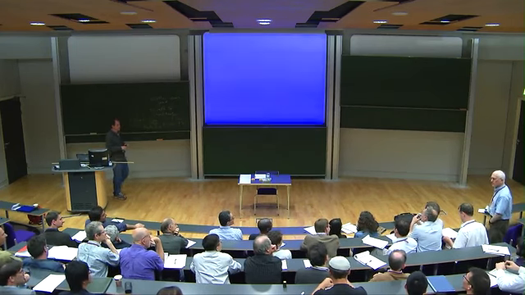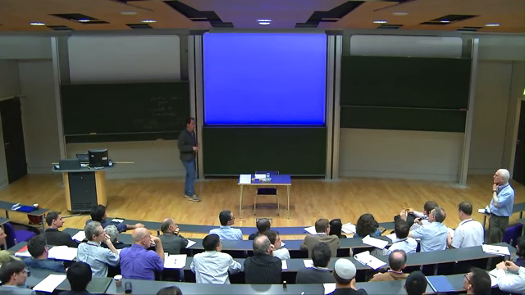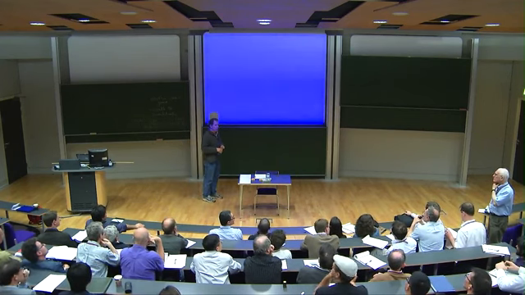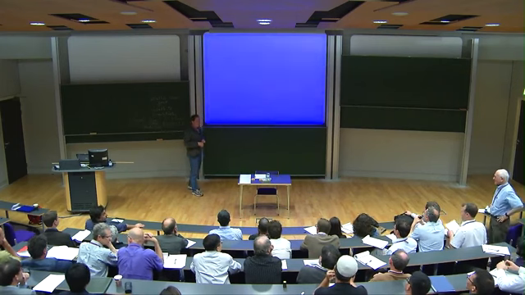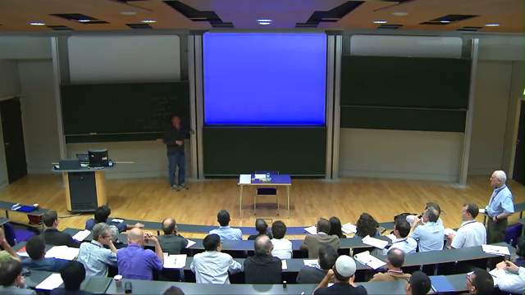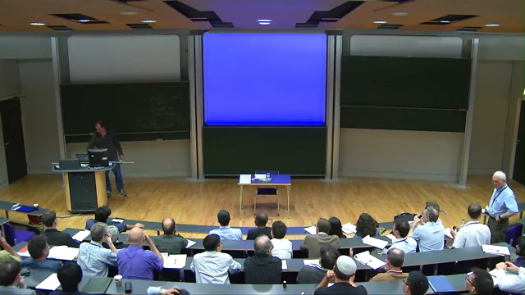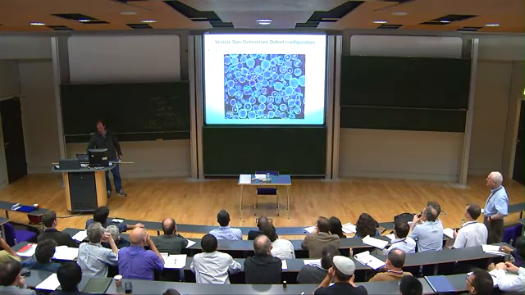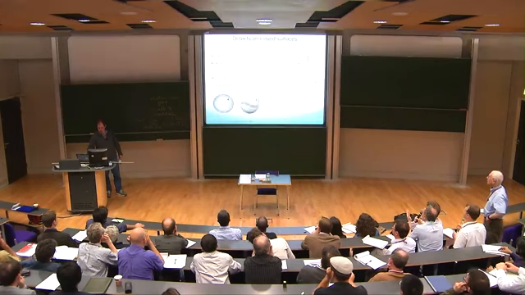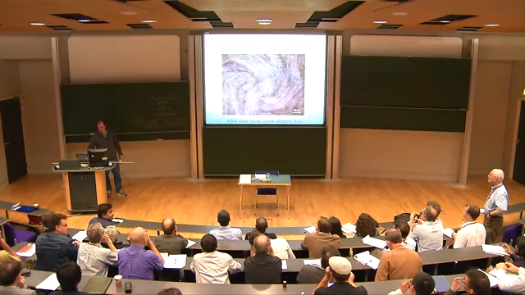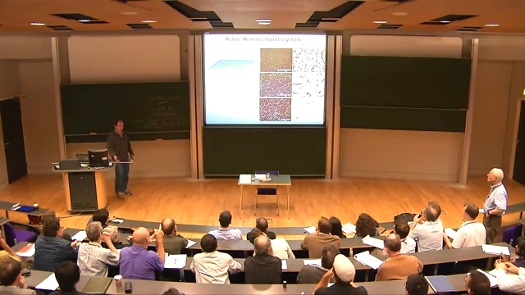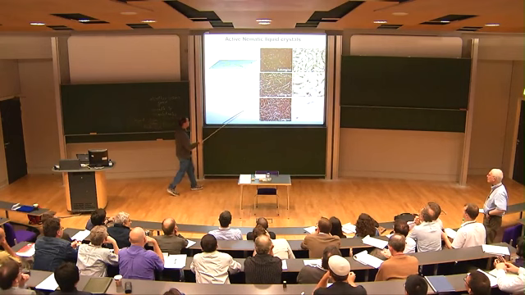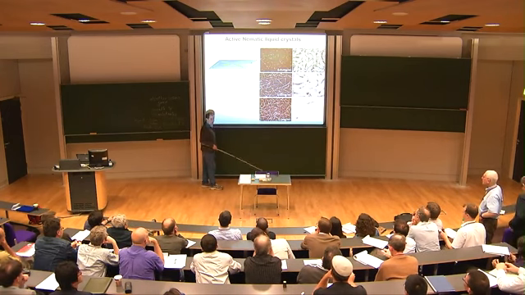Could you comment on the dependence of characteristic lengths on the concentration of microtubules? Well, that's the experiment that I've shown over here, right? In 2D, we can systematically change microtubule density, right?